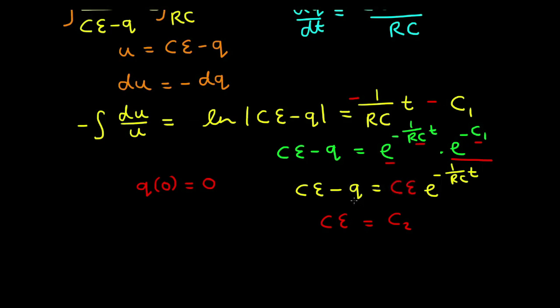And rearranging this equation for the charge, we have the charge as a function of time is equal to C epsilon by 1 minus e to the minus 1 on RC by t.